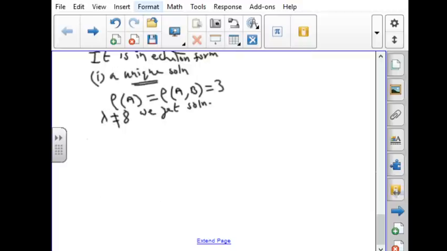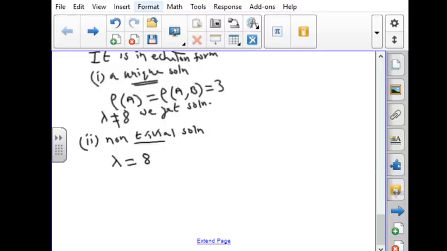Then second case is non-trivial solution. We get non-trivial solution when lambda is equal to 8.